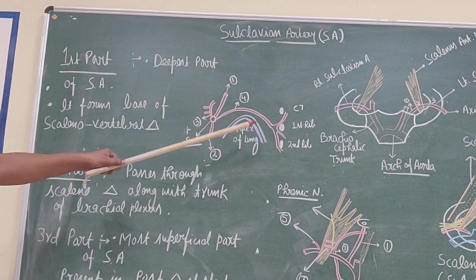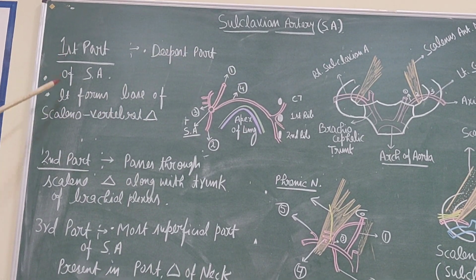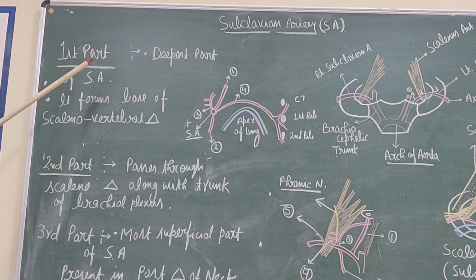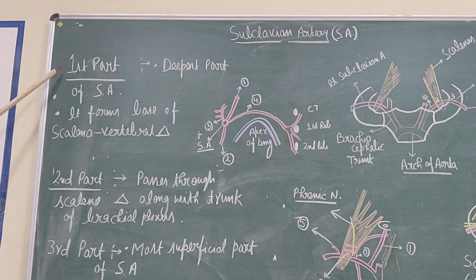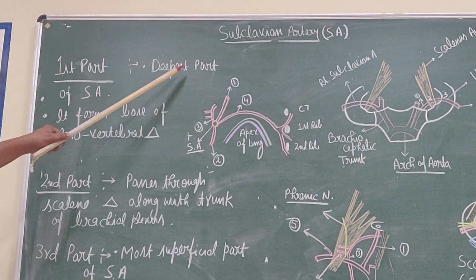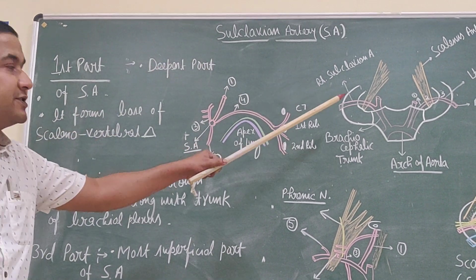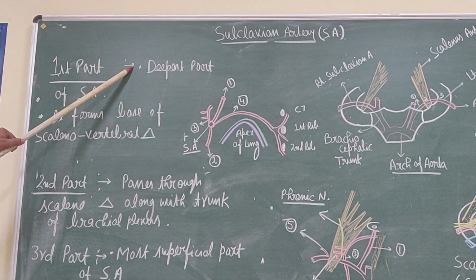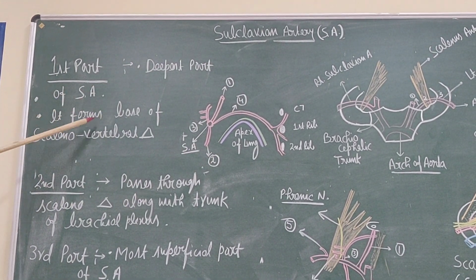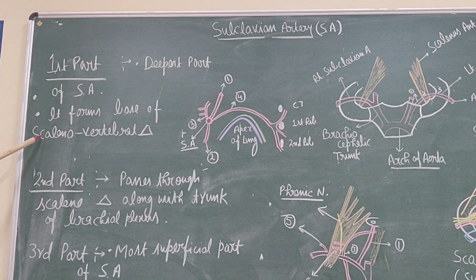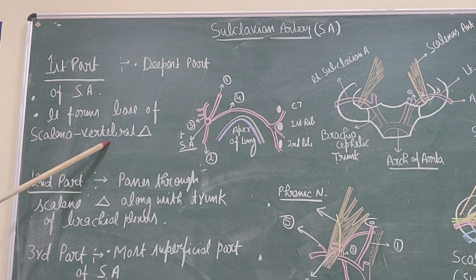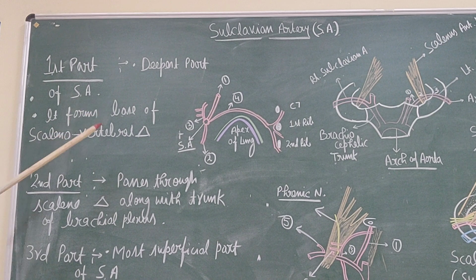Now please see the important features of the three parts of this subclavian artery. The first part is the deepest part of the subclavian artery, and this part forms the base of the scapulovertebral triangle. What is the scapulovertebral triangle?